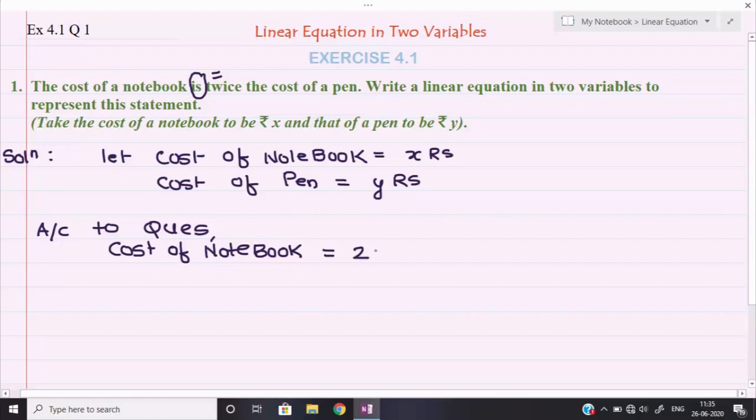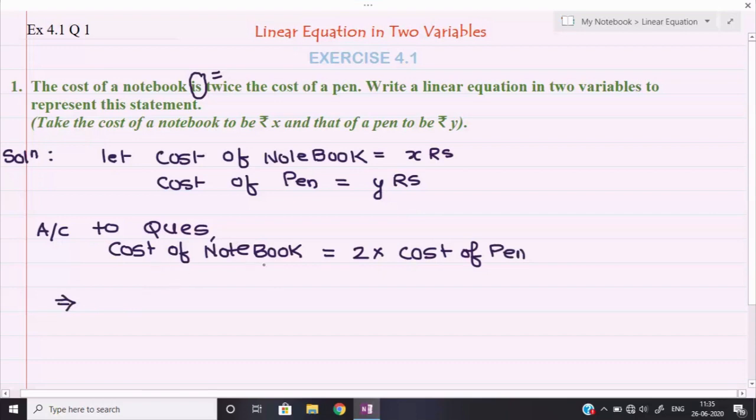So 2 into cost of pen. Twice means it will multiply 2 times. This is your equation. Slowly you are learning how to frame a linear equation in two variables.